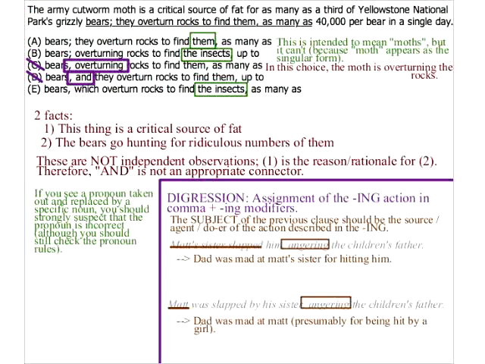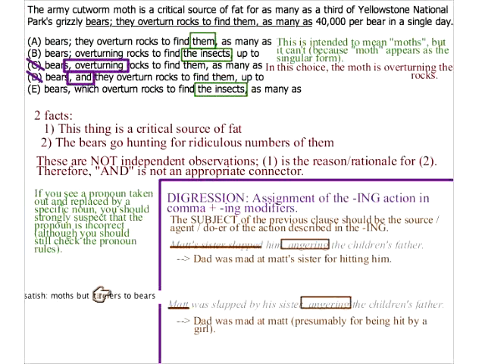What you shouldn't really waste your time doing is the following. I don't mean to make an example of anyone here, but don't waste your time doing this: saying it refers to bears. There's no reason to assign a pronoun that is incorrect.